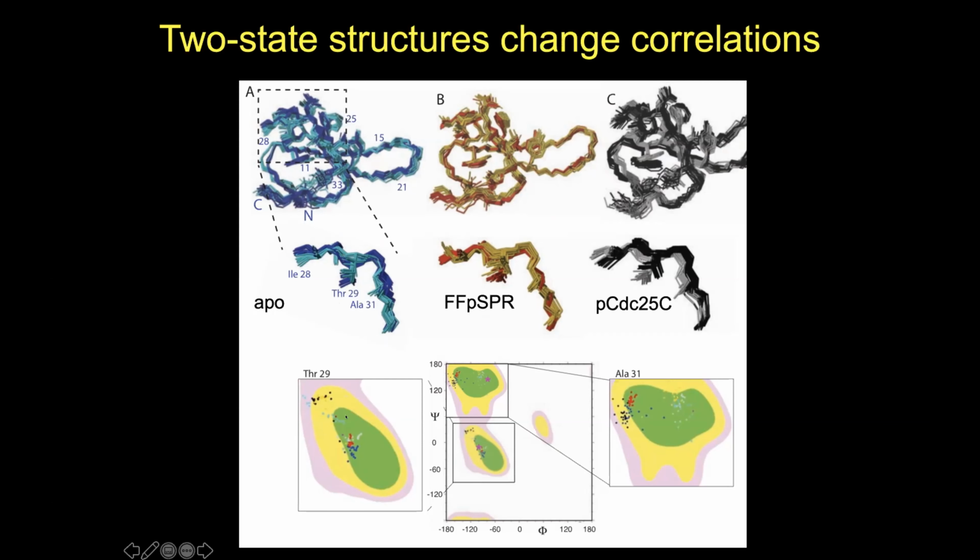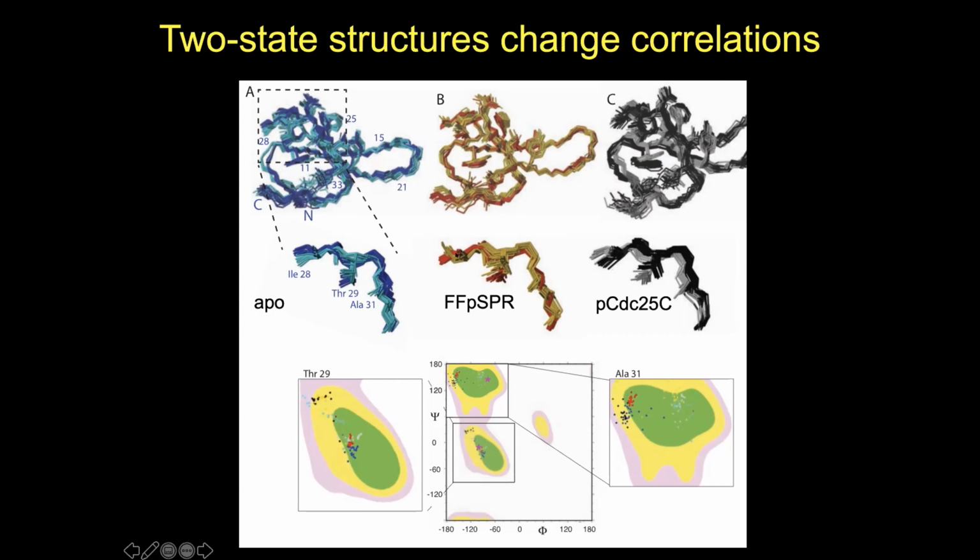You see 2 clusters, the cyan state and the blue state. Now we can do the same at the C-terminal part of this loop, which is residue 31, shown over here. Then you see that each blue state and each cyan state is still clustered. In other words, we observe a correlation throughout this loop.